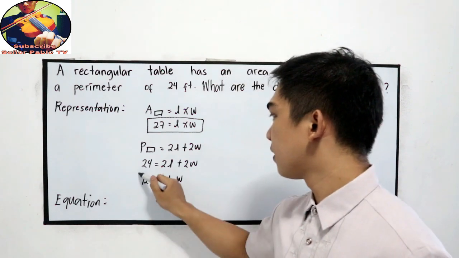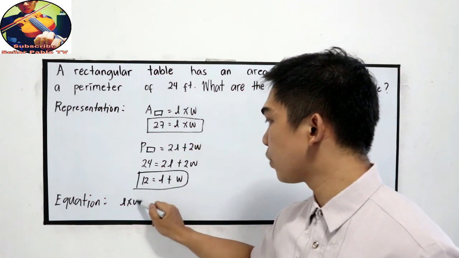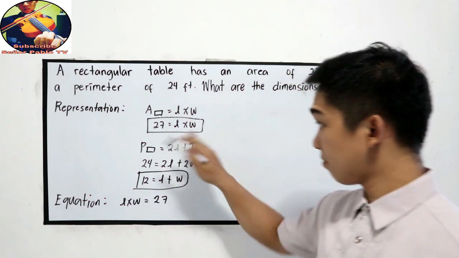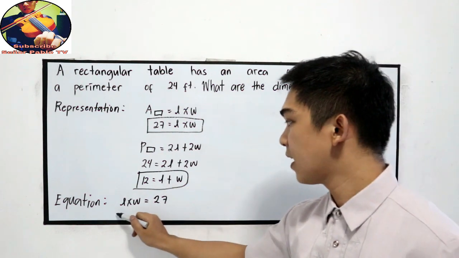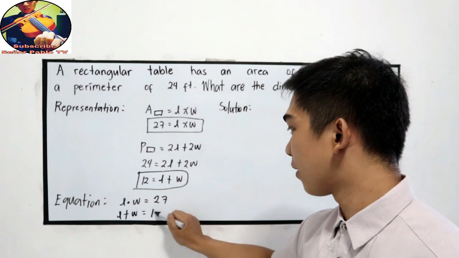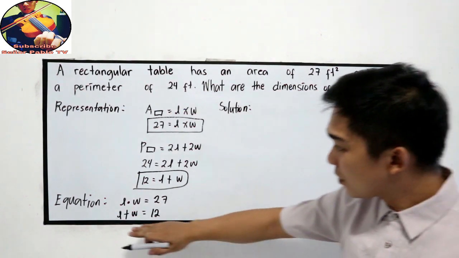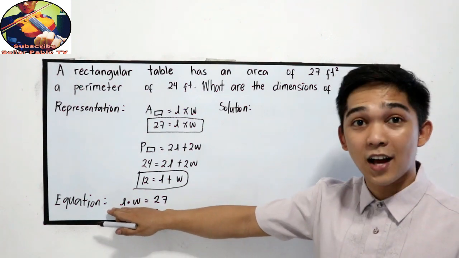Sulat natin sa ating equation. Itong length times width is equal to 27, then length plus width is equal to 12. Meron tayong sum and product.